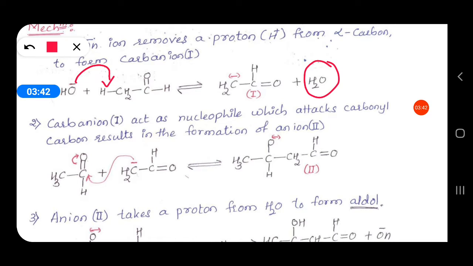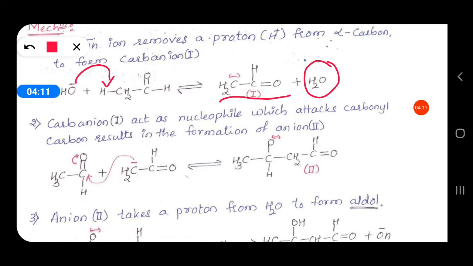The base takes a proton and forms H2O, and the remaining is carbanion. So carbanion 1, because another anion is formed in this reaction. One hydrogen is removed from this CH3 group.